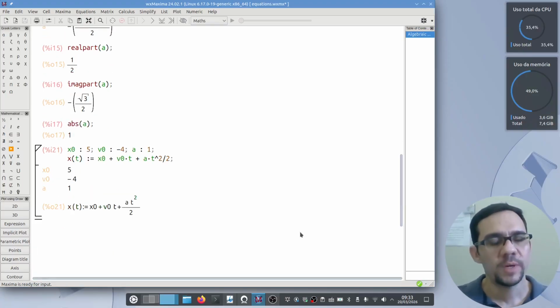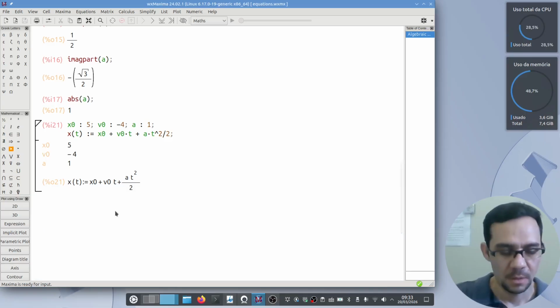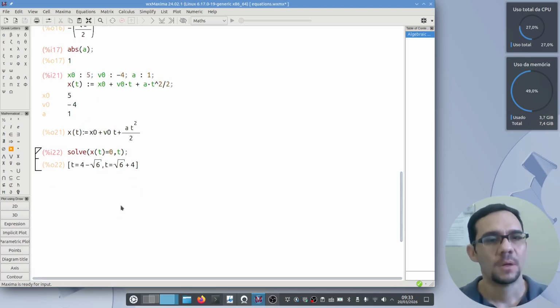Then we want first to find the instants when the particle passes by the origin of the system. So we can make this. Then we have these results.